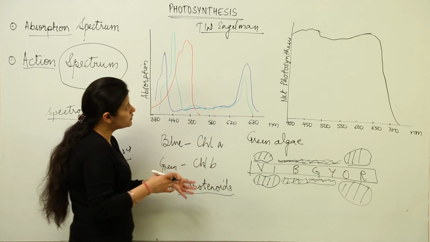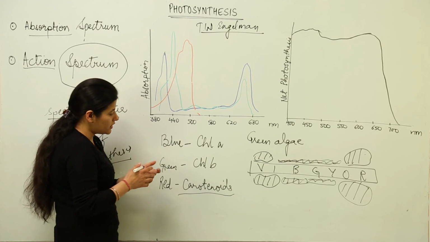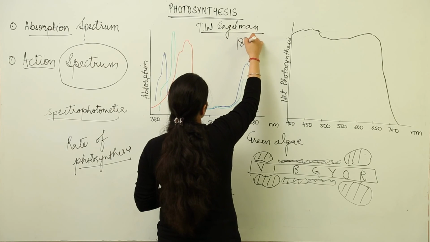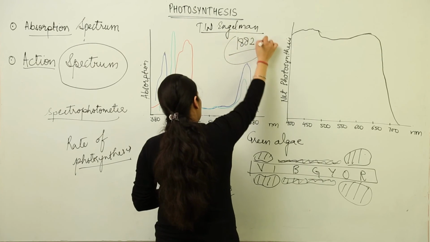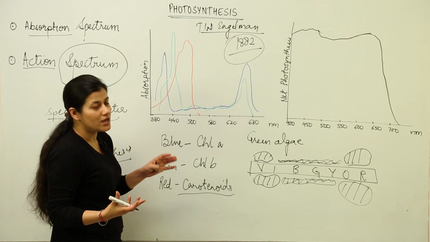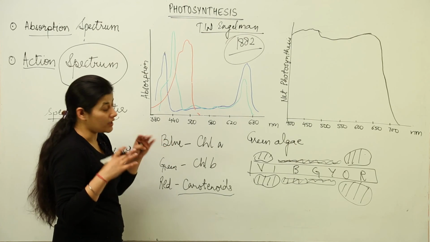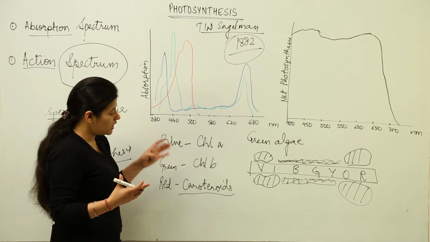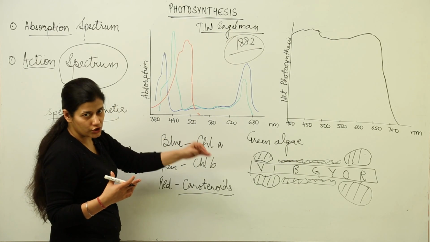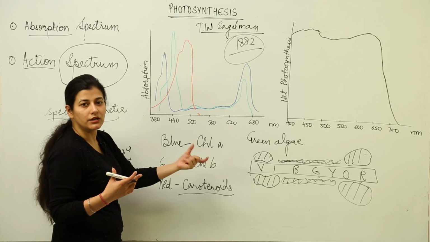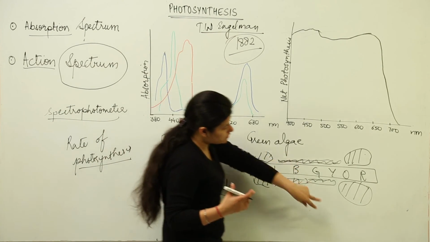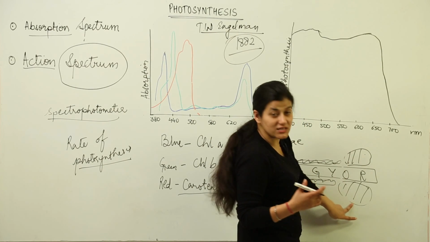So you have to remember that in 1882 T.W. Engelmann came with the idea and showed us how the action spectrum, not action spectrum, absorption spectrum actually, is there by identifying the rate of oxygen evolution using aerobic bacteria. He proposed that in this zone and in this zone the rate of photosynthesis is highest.